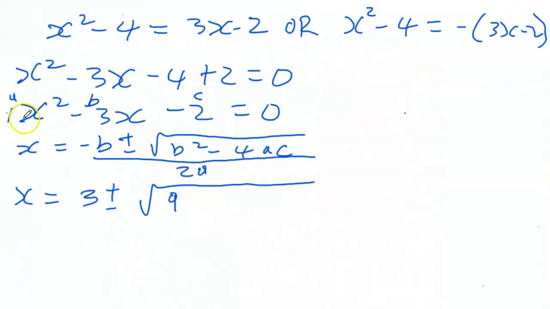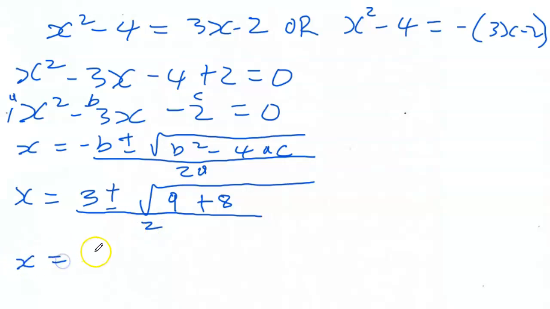The value of a is 1, and the value of c is minus 2. So it's minus 4 times 1 times minus 2, that's positive 8, all upon 2a. 2a is 2 times 1, so 2. So x is equal to 3 plus or minus the square root of 17 upon 2.